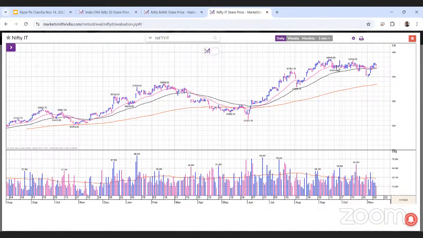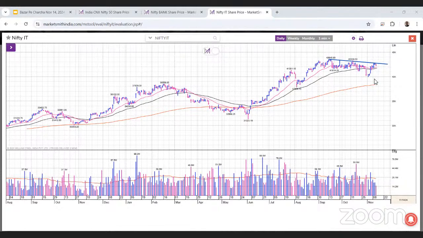The index is also doing good, but I don't know how things will happen from here. If the market starts falling further, then that may be quite problematic for IT as well. Maybe IT will not be an exclusion from this market erosion.